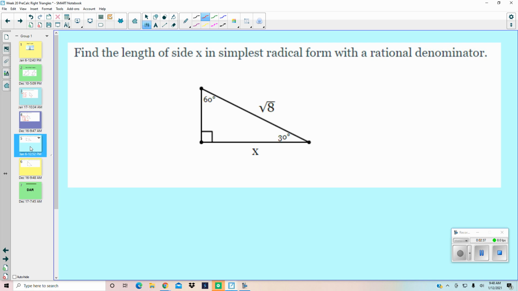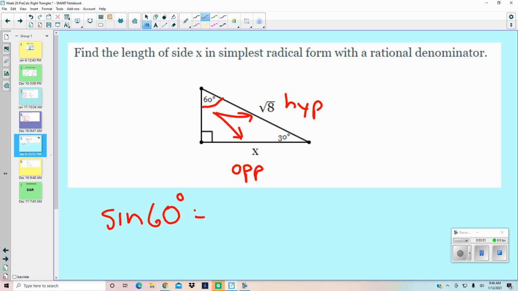So since I'm trying to find x and I know the hypotenuse, if I use the 60-degree angle, then what I am looking for is the opposite, and then what I know is the hypotenuse. So that means I am using the sine function. So sine of 60 degrees equals opposite over hypotenuse.